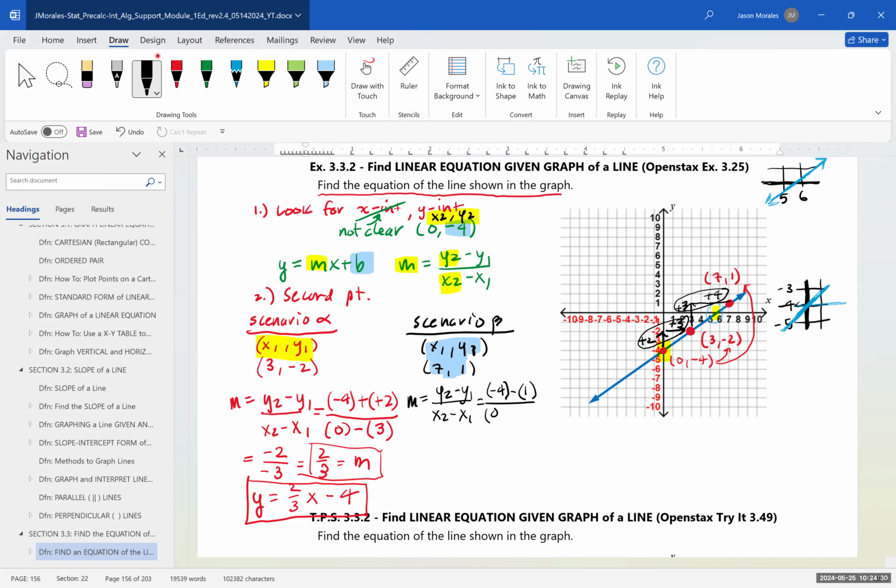X2 is 0 minus x1, which is 7. So that's going to give me -4 minus 1 is -5, all over 0 minus 7 is -7. So that gives me a slope of 5/7. So, you can see it did create a difference here. All right, so then our slope-intercept form is going to be y equals 5/7 x plus, or I'm sorry, -4.